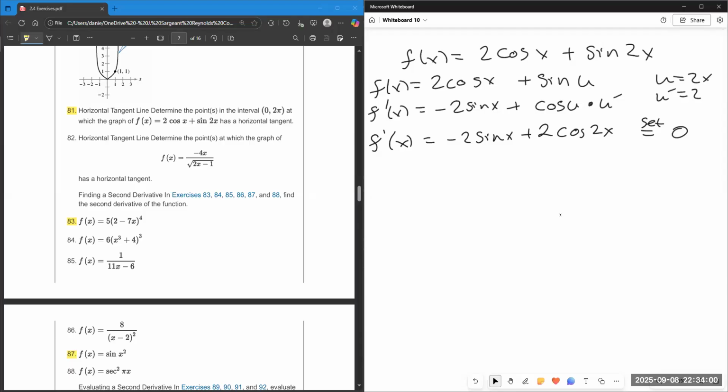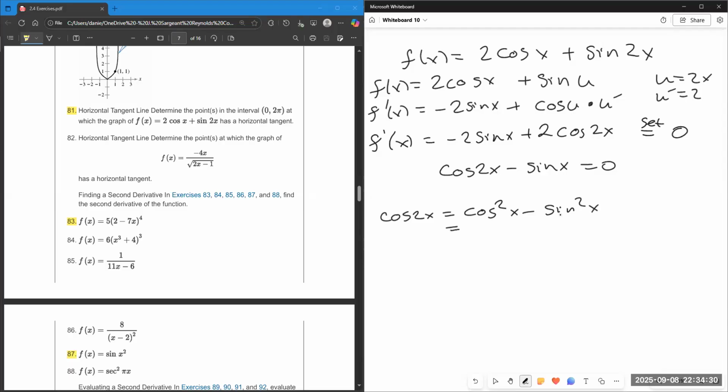Now I'm going to want to think about an identity for cosine 2x that only has sines in it. Let me get rid of these 2's first, though. This is going to be cosine of 2x minus sine x is going to be 0. So we already said that cosine of 2x is equal to cosine squared x minus sine squared x, right?